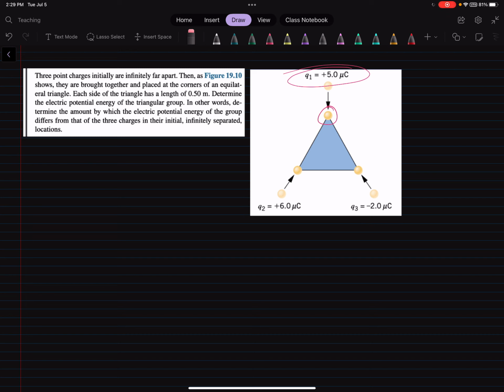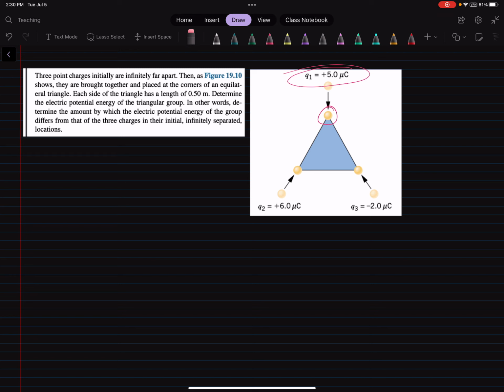So even though it's moved from infinity to closer to the center of the triangle, the center of the universe, as far as these three particles are concerned, these other two are still infinitely far away. And so there's actually still no interaction between this one and the others. They are still infinitely far away, right? So the potential of bringing the first one in is actually still 0, right?